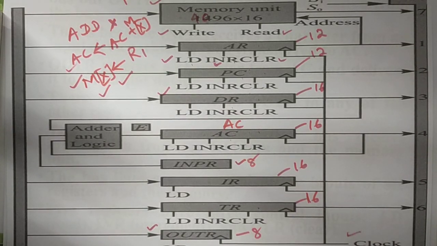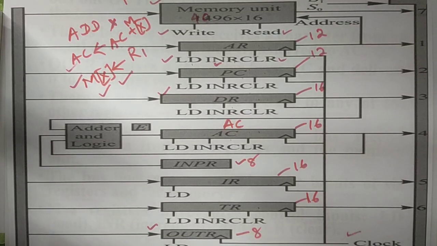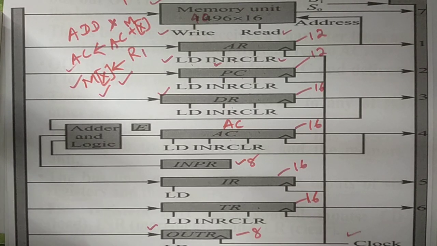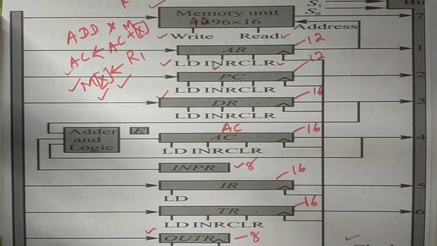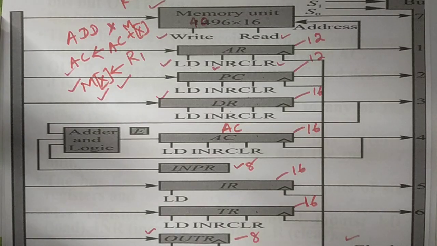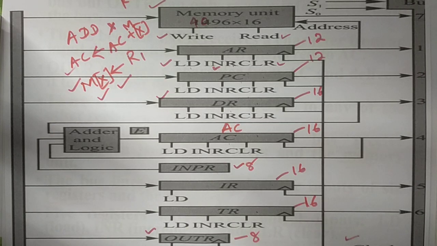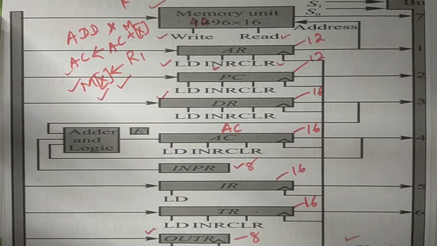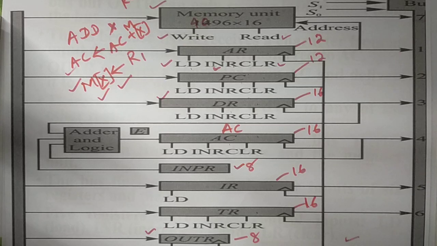You can take any kind of instruction set and analyze it through this basic common bus system. I hope you understand this topic easily. You can take any example and analyze it through this common bus.